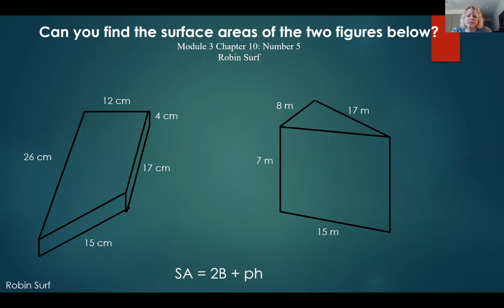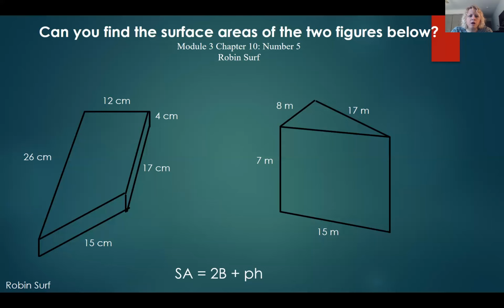So if we use the same formula, let's take a look. Surface area equals 2 times 60 plus 40 times 8. So our surface area is equal to 440 meters squared.